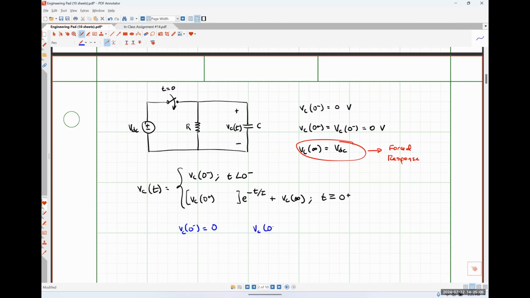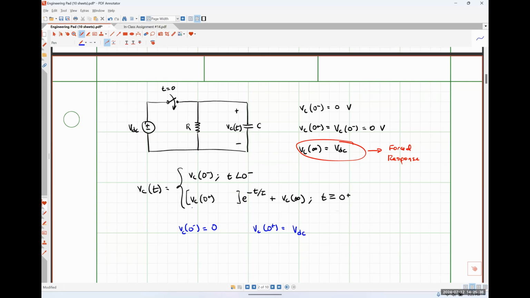So if we used this bottommost equation right here, telling us what's going on for t greater than 0 plus, what happens when we evaluate things at t is equal to 0 plus effectively? We would have VC at 0, which is 0 volts, plus VC at infinity, which is VDC.